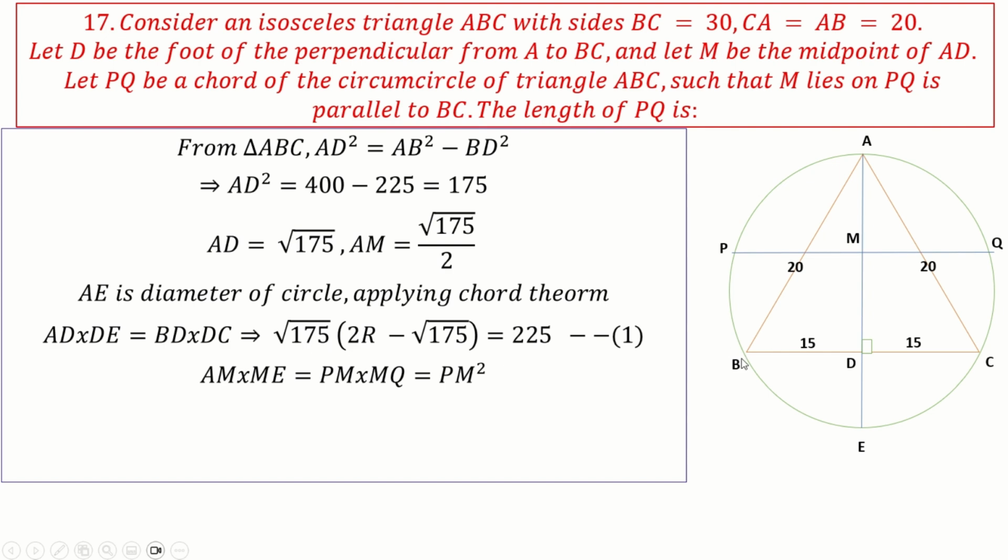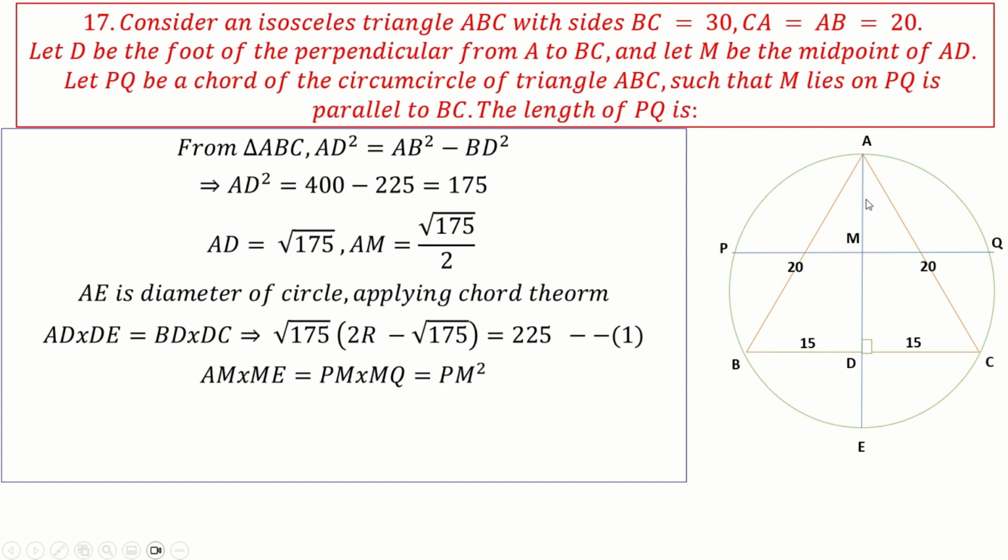BD into DC. What is DC here? DC is nothing but, sorry, DE. DE is nothing but, this is diagonal, right? AE is the diameter, which is 2r minus square root of 175.